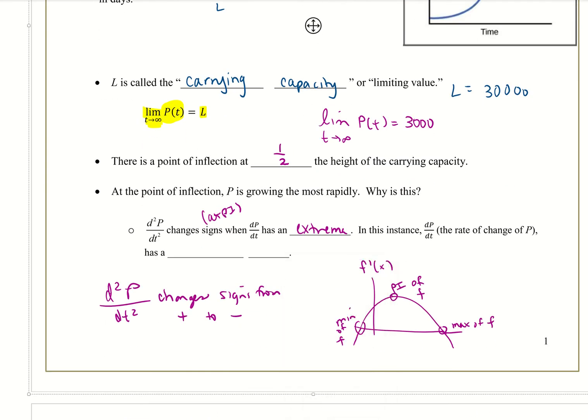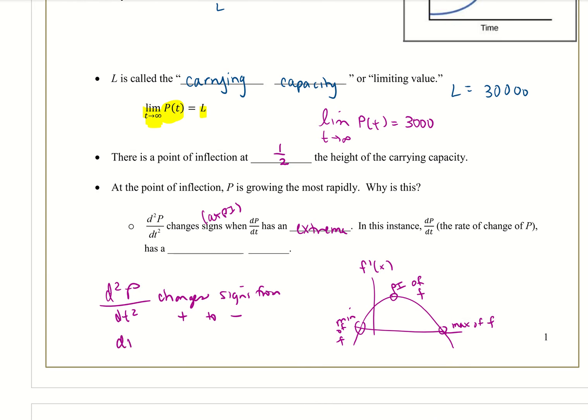So at that same time, the first derivative changes from increasing to decreasing. Sorry, this all moved, I apologize. On the first derivative, I'm going to have an extrema, and specifically, since I'm changing from increasing to decreasing, the first derivative has a relative max.